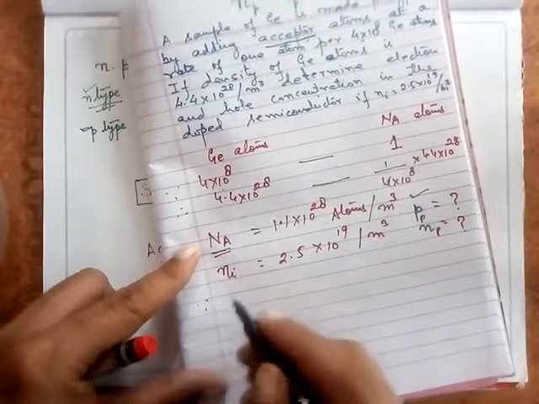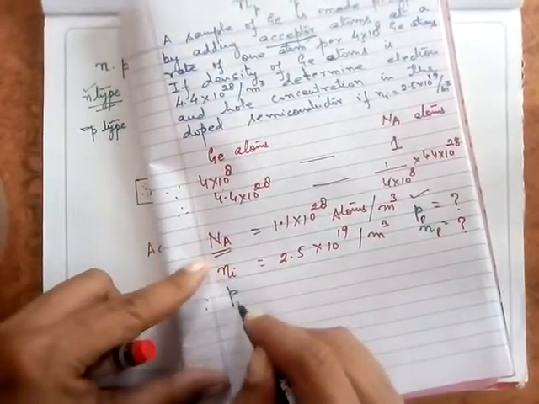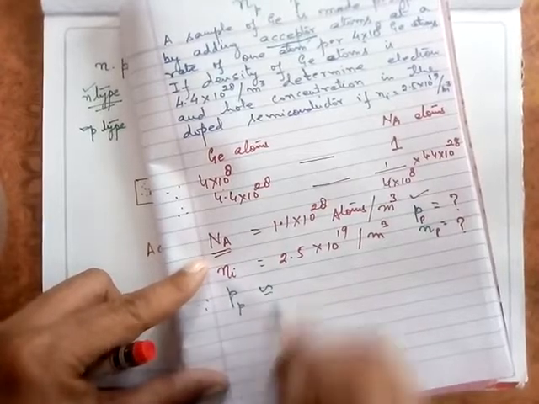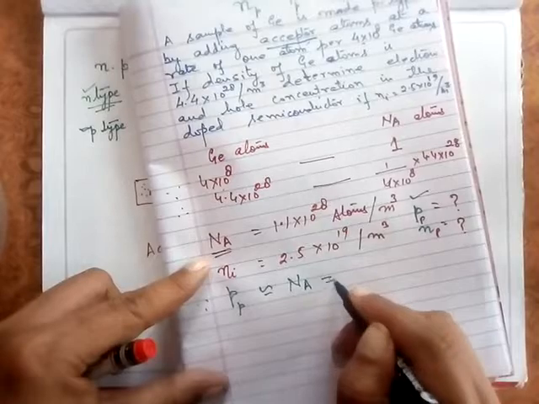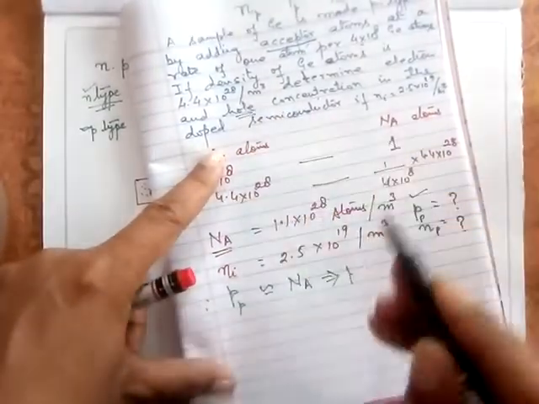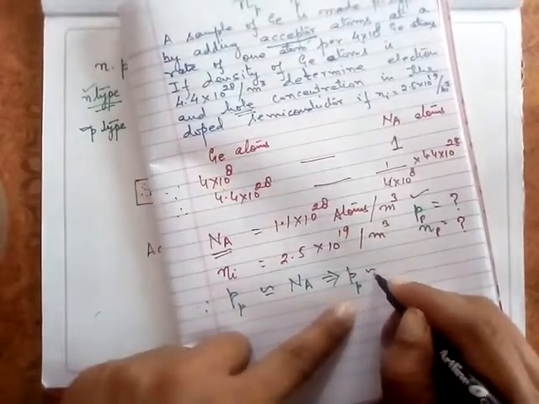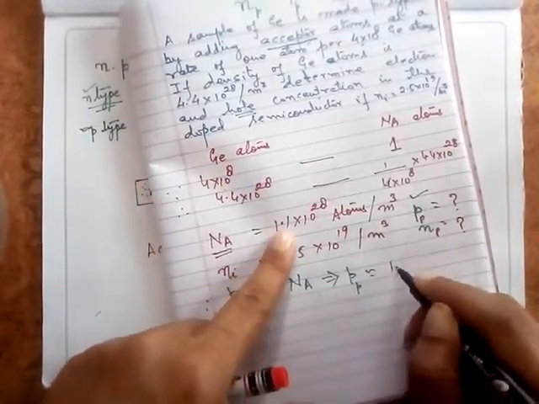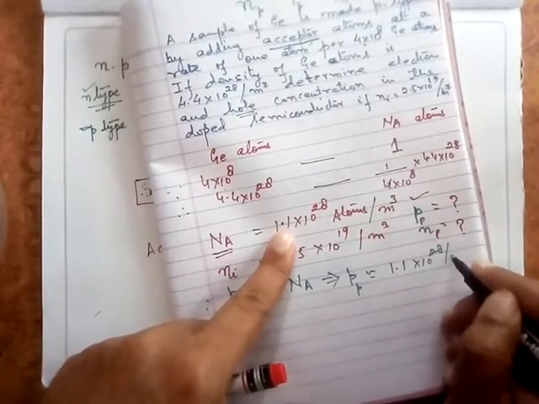Now I know since it is p-type, the holes in a p-type semiconductor is approximately equal to Na. Therefore, the hole concentration in this is approximately equal to 1.1 into 10 to the power 20 per meter cube.